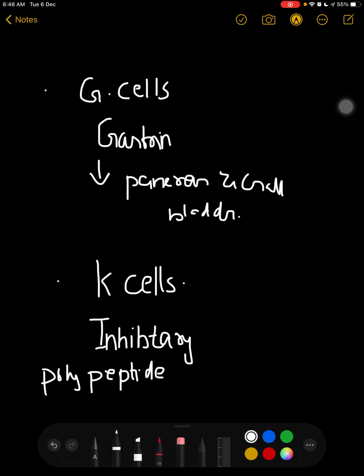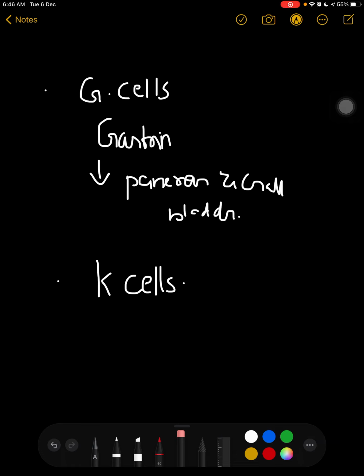Okay, what is the function of this hormone? It will go to the stomach and decrease the secretion of the gastric juice. The name is basically GIP, gastric inhibitory peptide.